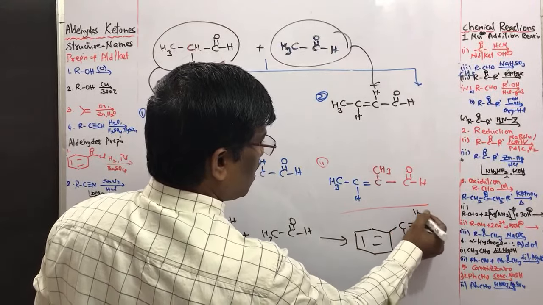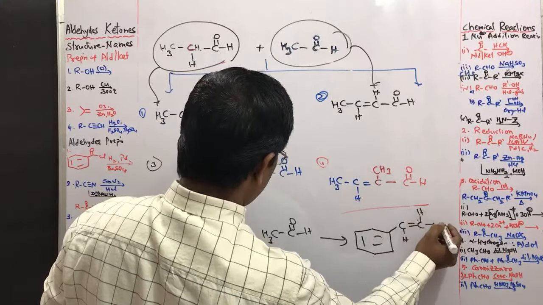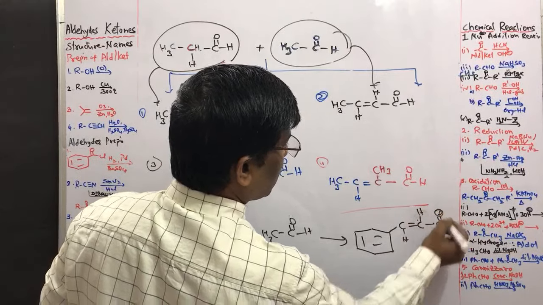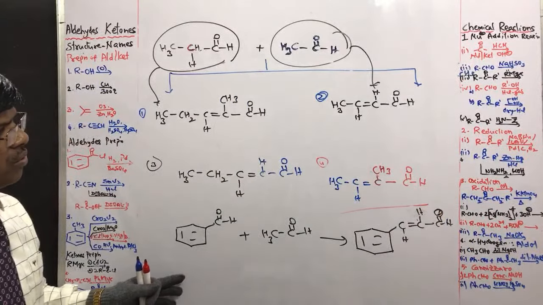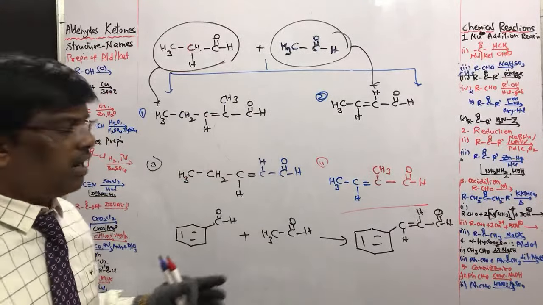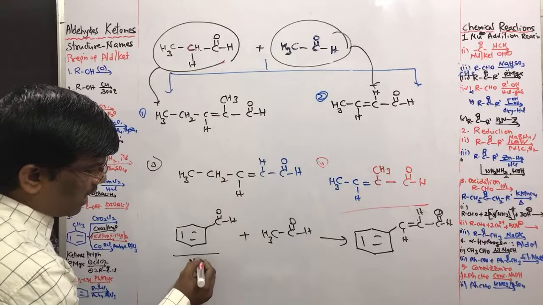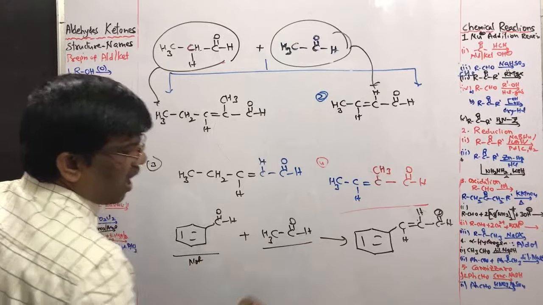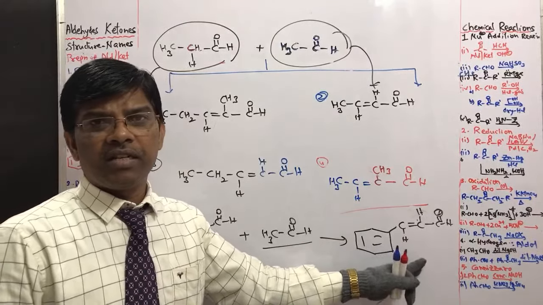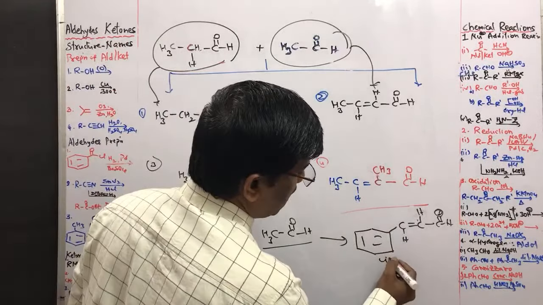That is why you use an aldehyde which is devoid of alpha hydrogen as one component, and the other one is a compound having at least one alpha hydrogen. To overcome this type of mixture, the Aldol reaction is usually done by taking one compound which does not have alpha hydrogen and another compound having alpha hydrogen. This reaction is usually done for the preparation of cinnamaldehyde type compounds. So this is cinnamaldehyde.